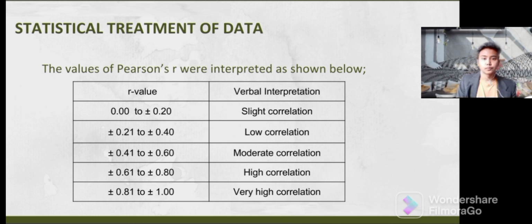From plus or minus 0.41 to plus or minus 0.60 is interpreted as moderate correlation. Plus or minus 0.61 to plus or minus 0.80 is interpreted as high correlation, and from plus or minus 0.81 to plus or minus 1 is interpreted as very high correlation.